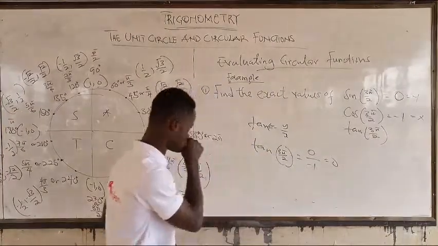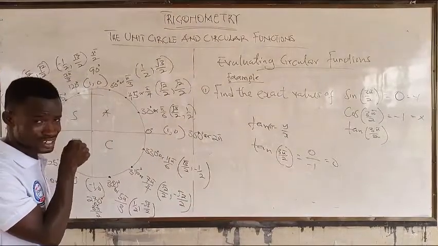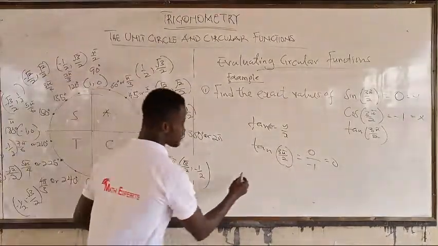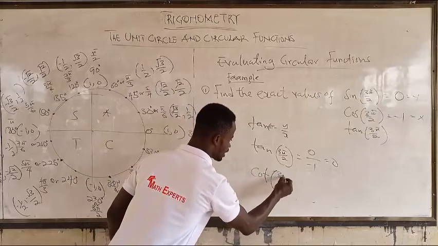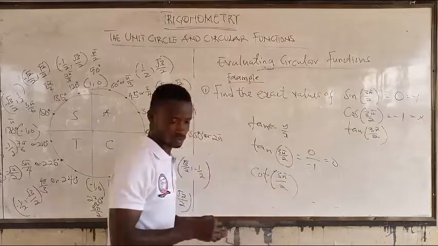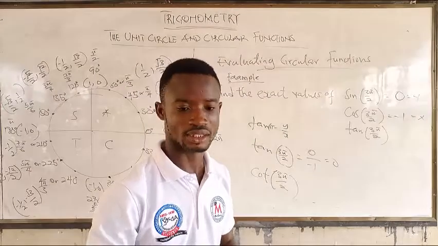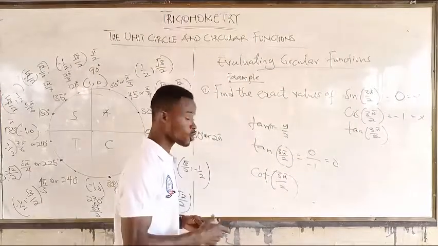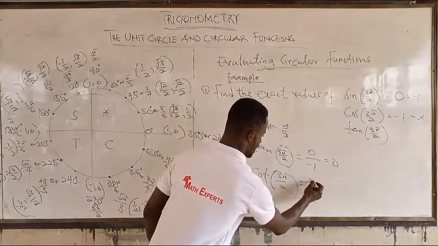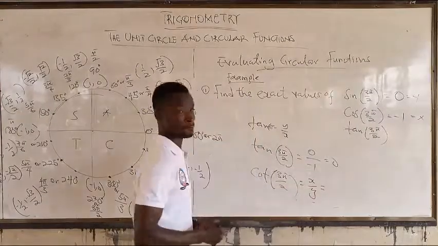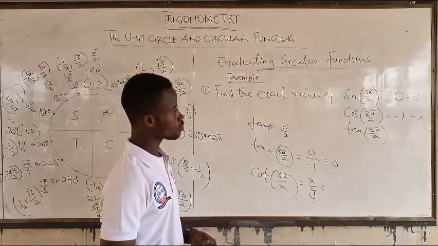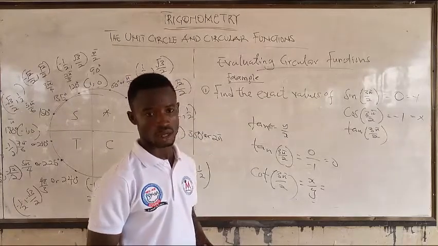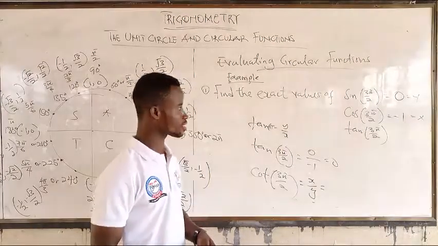But excuse me, if let's say we have cos 3 pi over 2. Note that cos is x over y. Oh, I made a mistake.